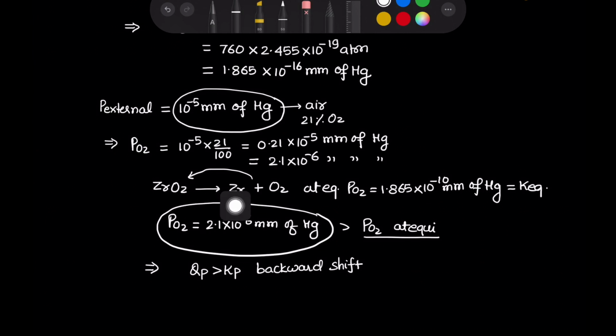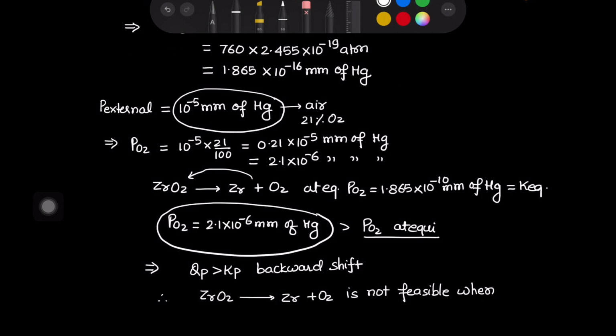So we can say that ZrO2 giving zirconium plus oxygen is not feasible when the partial pressure of oxygen is 2.1 into 10 raised to minus 6 mm of Hg, or when a vacuum of 10 raised to minus 5 mm of Hg is there.